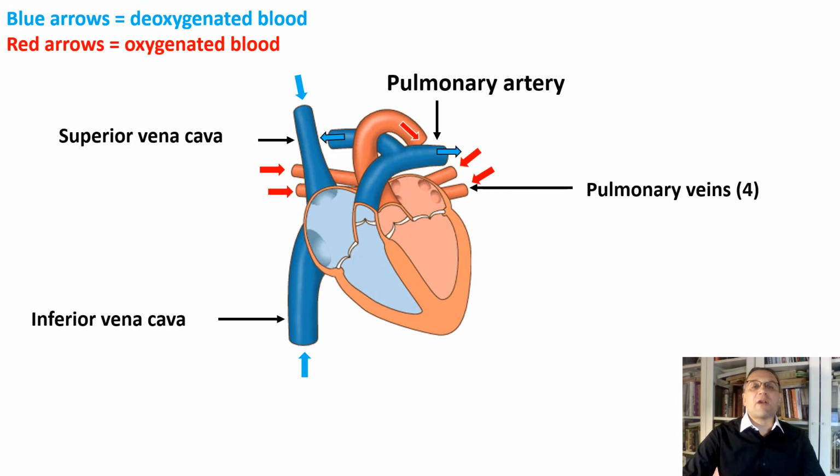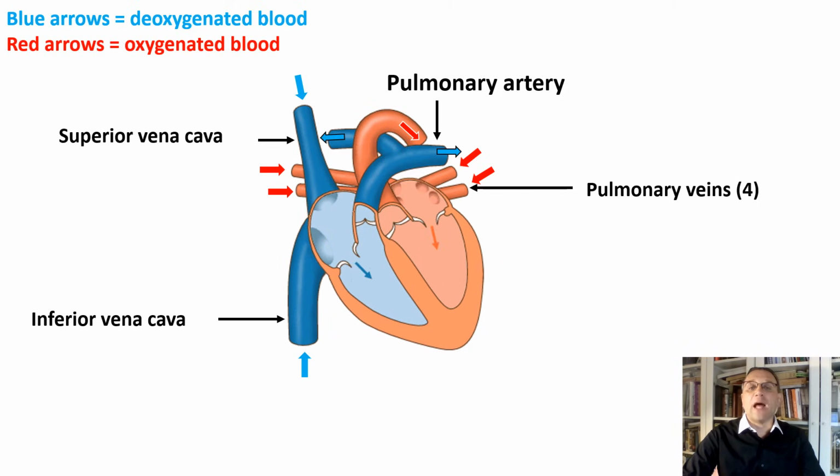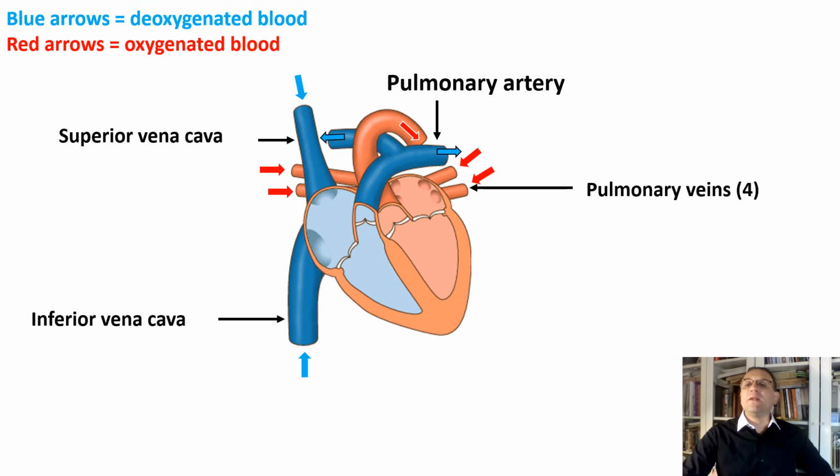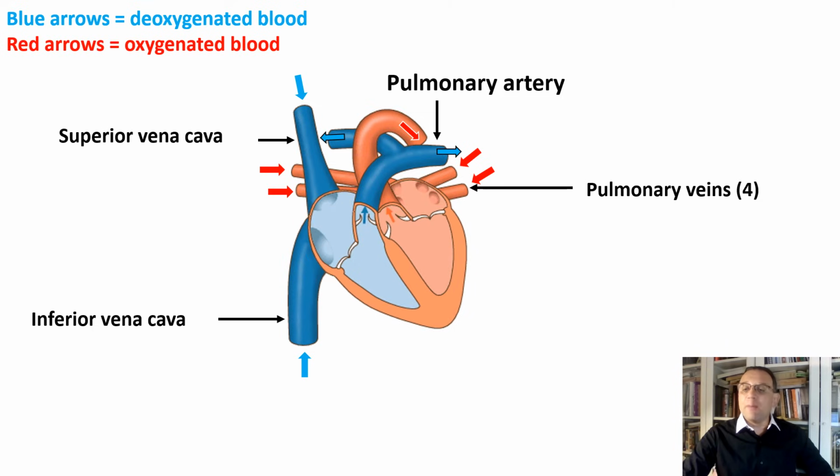And again, the right heart collects deoxygenated blood from the large veins, the superior and inferior venae cavae, and via the pulmonary artery sends it to the lungs for the oxygen pickup. Now here I want to stop and talk about pronunciation. You see, we say superior and inferior venae cavae because it is plural. We're talking about two veins.